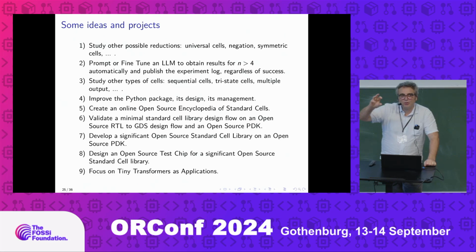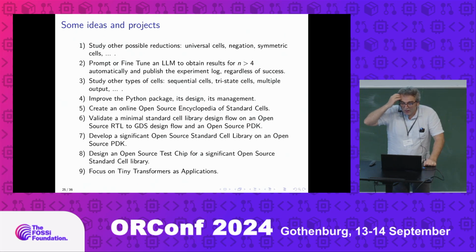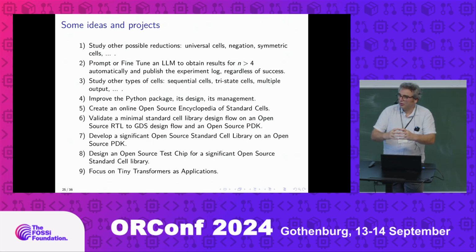It's quasi-Turing complete as far as I know. Then you could reduce using negation, or a more scientific word would be anti-symmetry. You also have symmetric cells that you can study to reduce the number of cells you might need. For instance, AOI or OAI are symmetric cells.